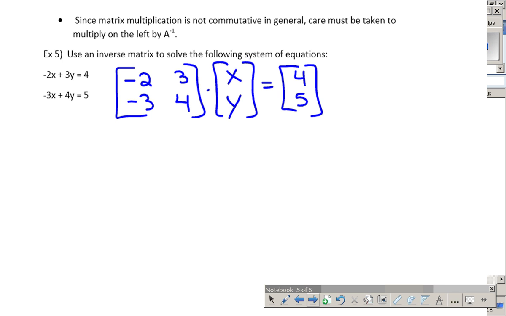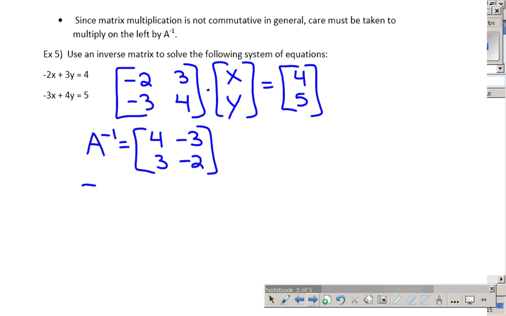4, 5. Okay. In the last video, we already found the inverse of this matrix, so I'm not going to redo the whole thing because that's a lot of work. Okay, so we wind up with that as our inverse.